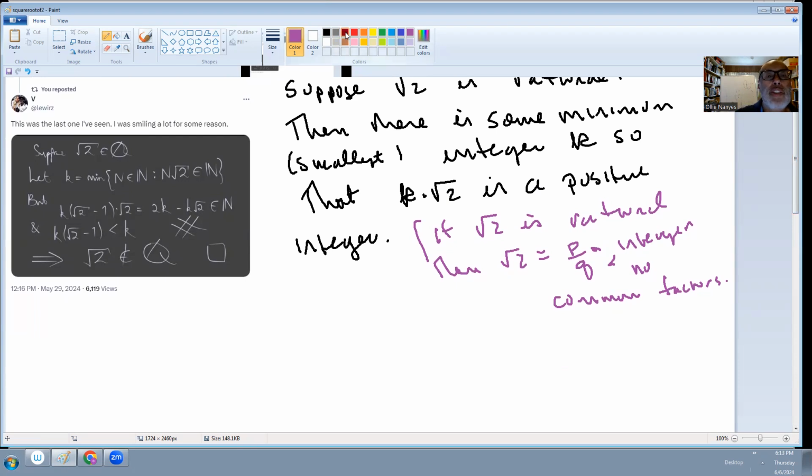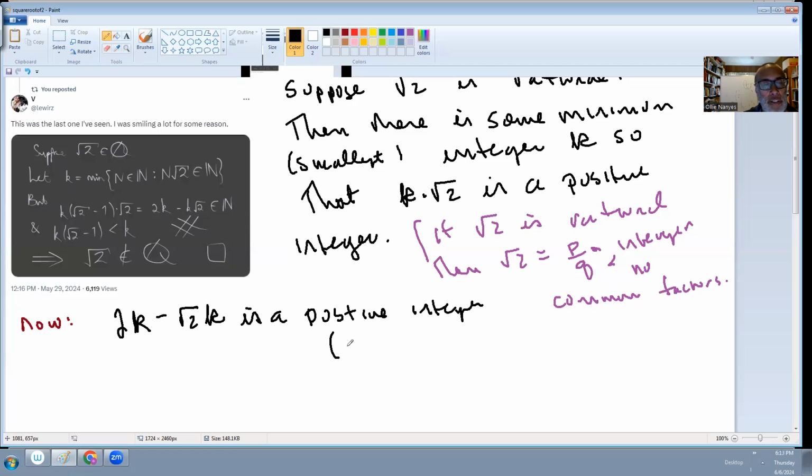Okay, so we know that. So now here's what you do. Now that we know that, what you can say right here is that we can write 2k minus the square root of 2 times k is an integer, and it's a positive integer.